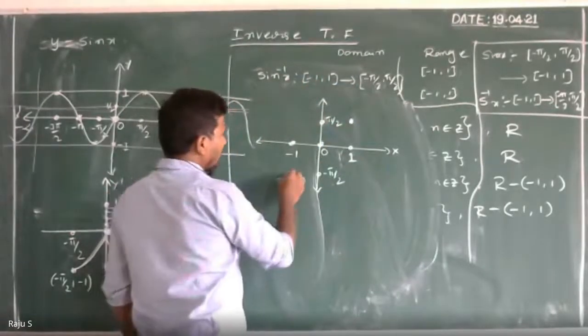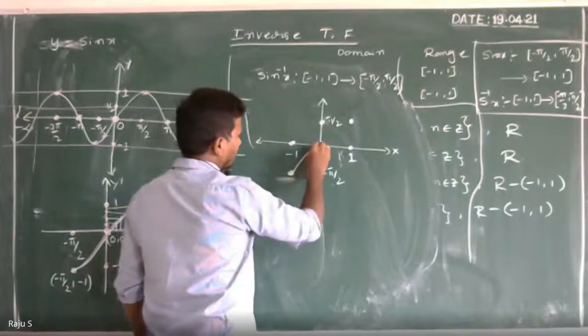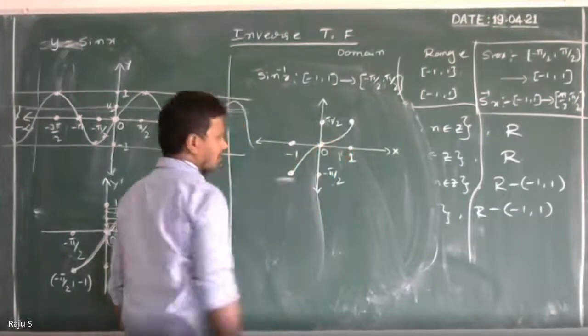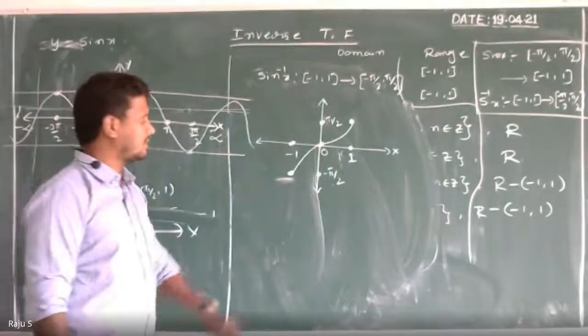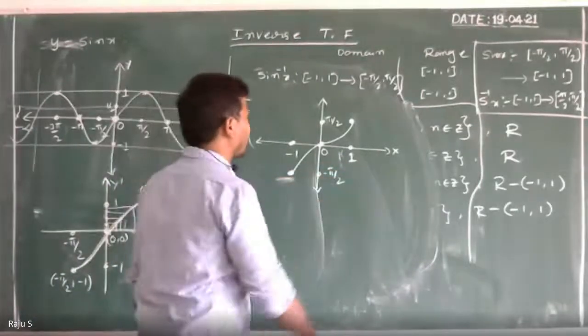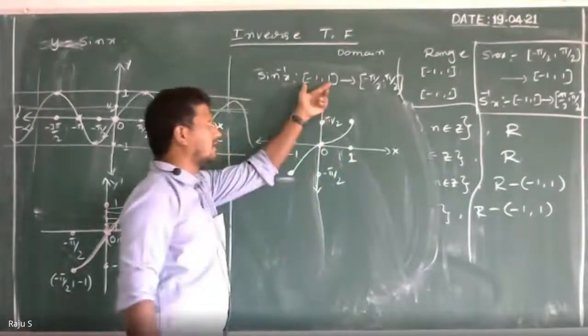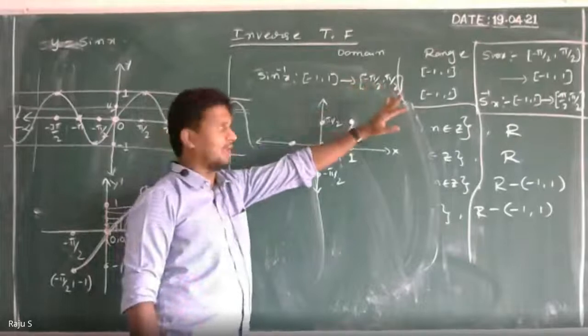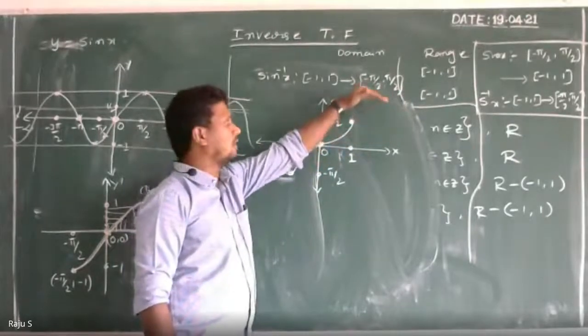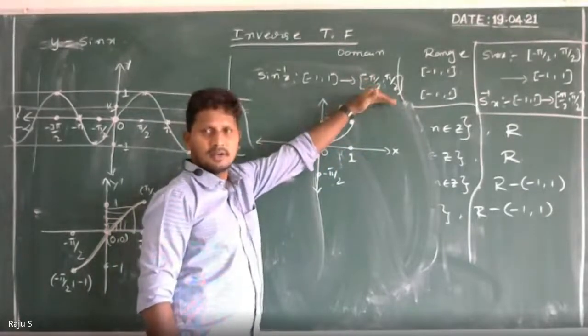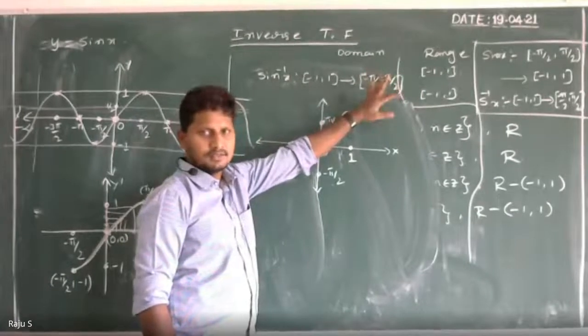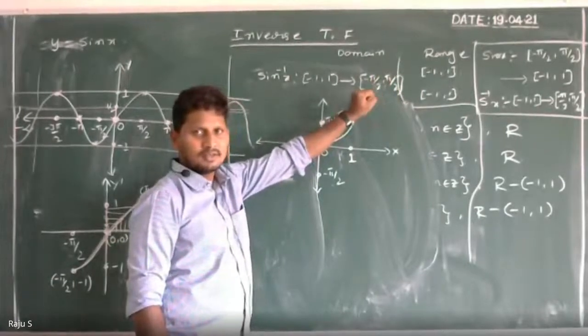Now you can draw the graph, and we get it like this. This is the graphical representation of sine inverse x from minus 1 to 1 to minus 90 to 90. Whatever the branch is there, this is called the principal value branch. Is it clear?